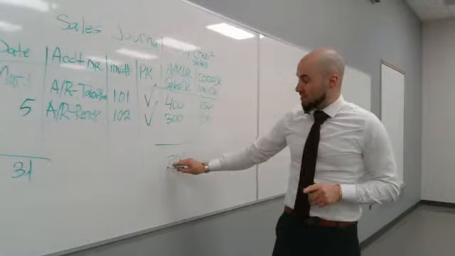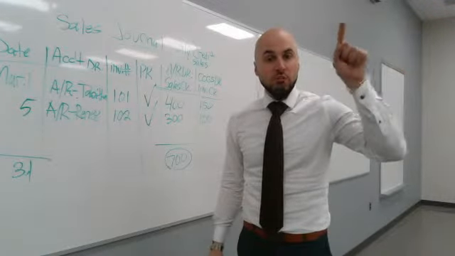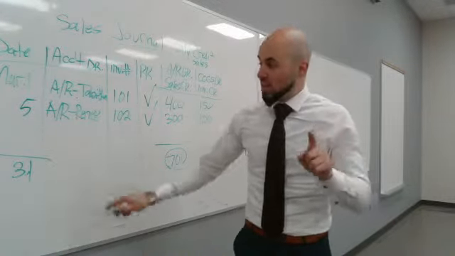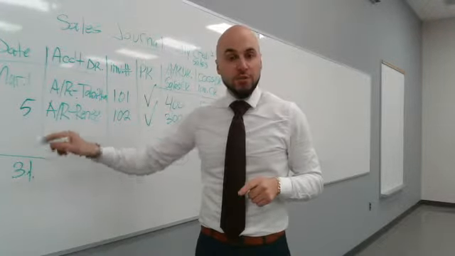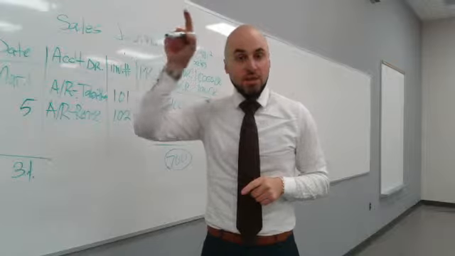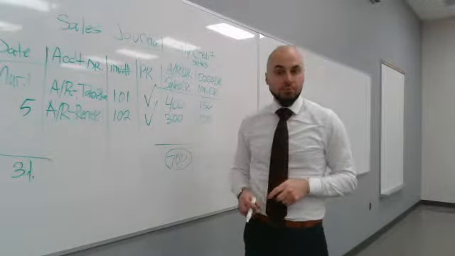So this full 700 will now go and be posted in that accounts receivable controlling account. Only at the end of the month. So then you're dating it March 31st on the left side of the accounts receivable controlling account, 700 there.